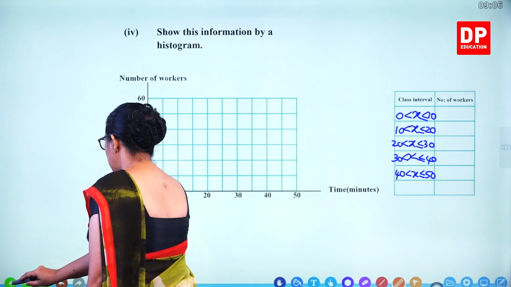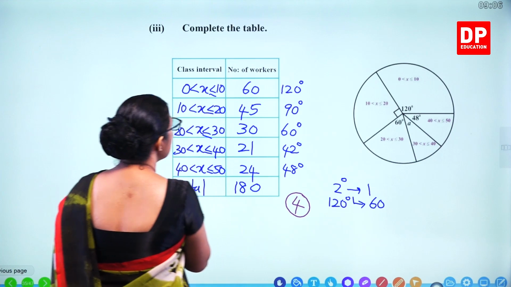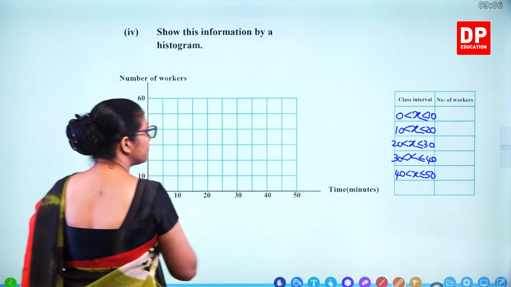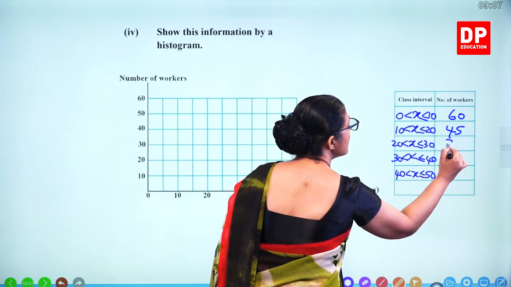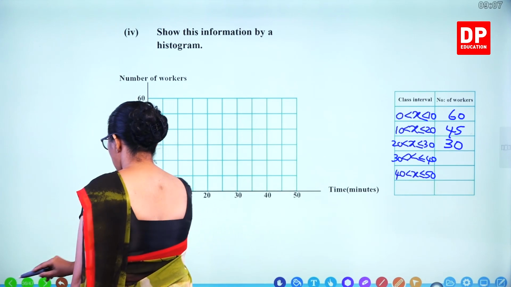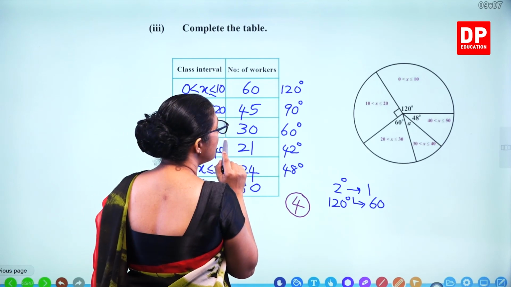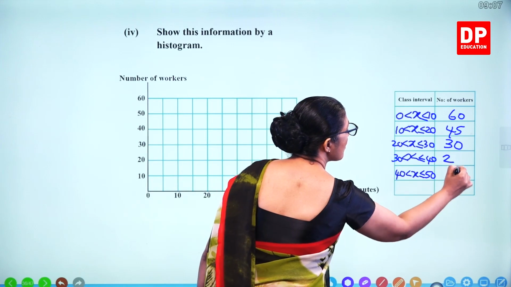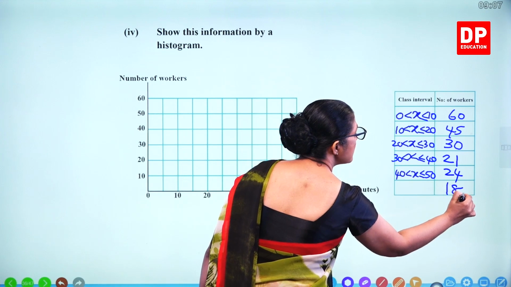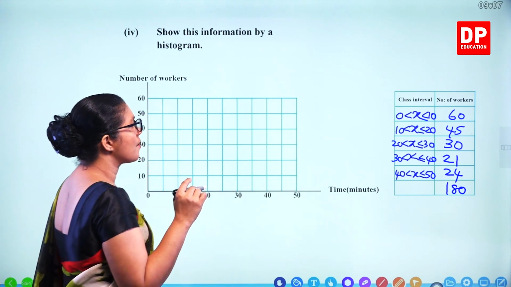We need those values. 60, 45, 30. Then the other values, 21, 24. That's 180. Okay, now we can mark.